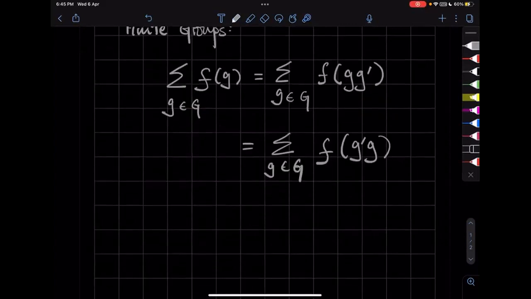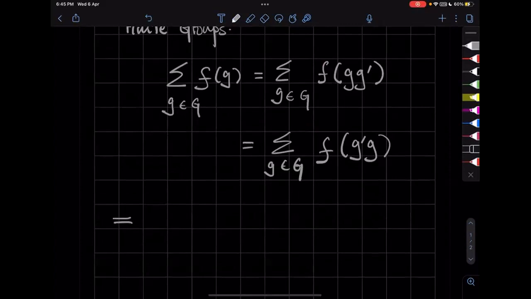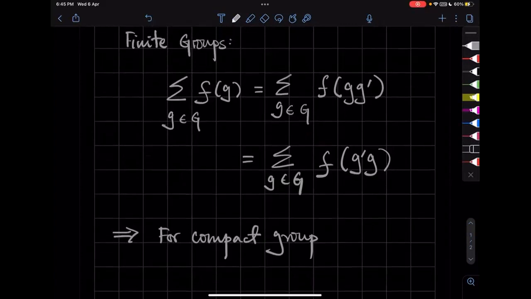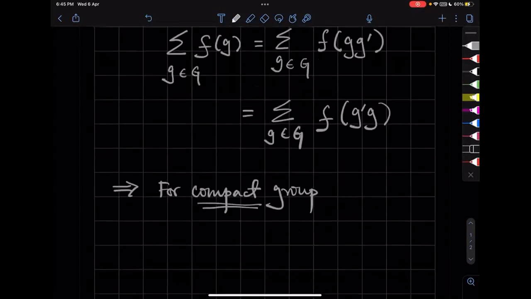And there is a continuous version of that for compact groups. This result doesn't hold for non-compact groups. So here, the finite part becomes replaced by the compact part.